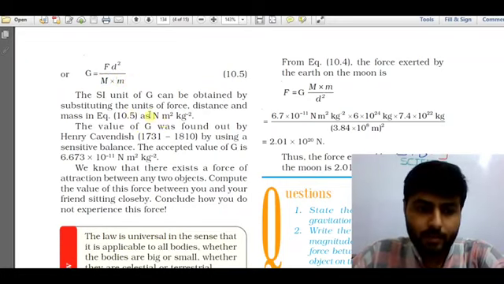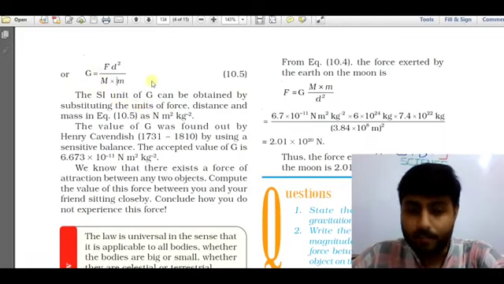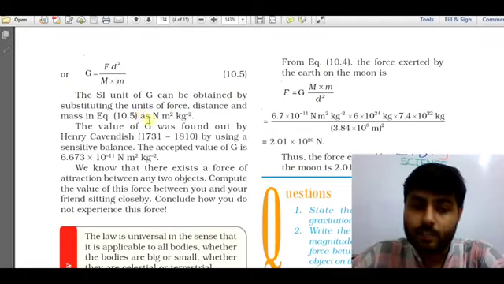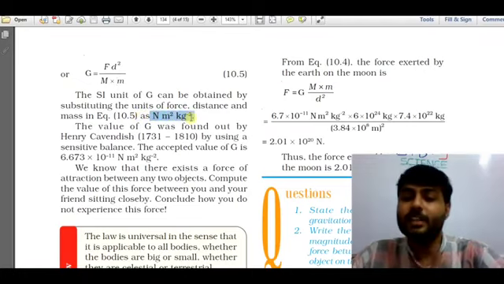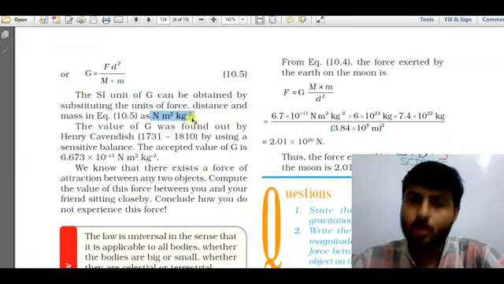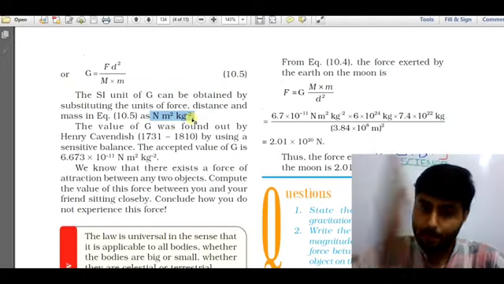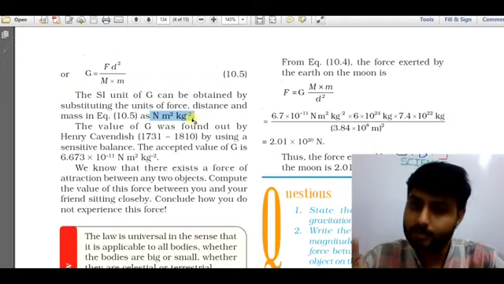So here we have equation of G, that is 10.5, and SI unit of G is Newton meter square kg raised to minus 2, or we can write it as Newton meter square per kg square.